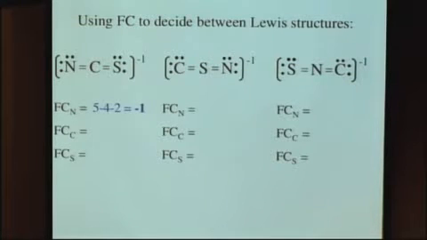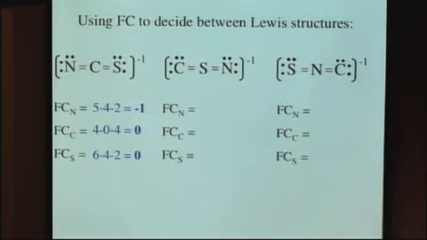So that is a formal charge of -1. For the carbon, we start with 4 valence electrons, we have 0 lone pair electrons, -4, and we end up with a formal charge of 0. For the sulfur, we start off with 6 valence electrons, -4 lone pair electrons, -2, taking into account our bonding electrons, so we end up with a formal charge of 0.